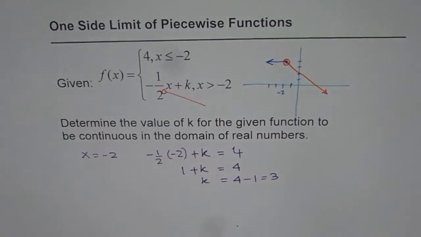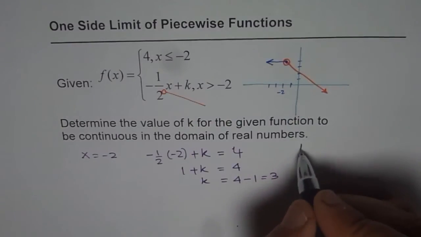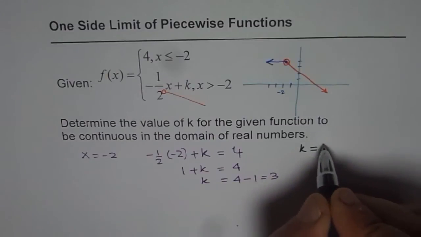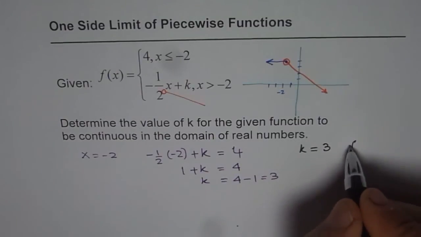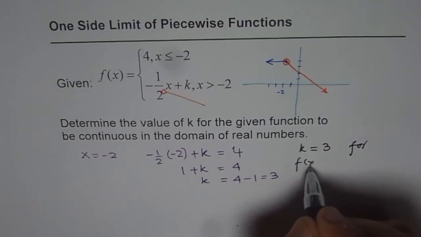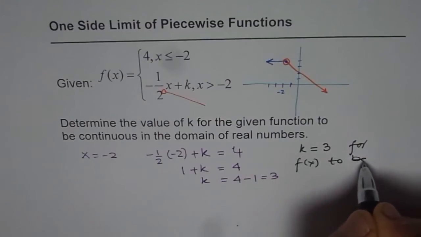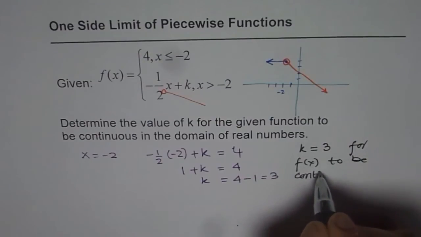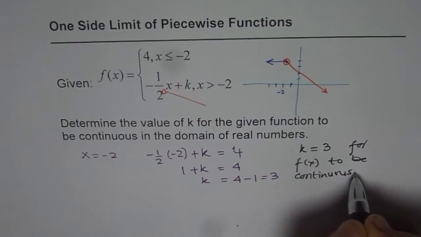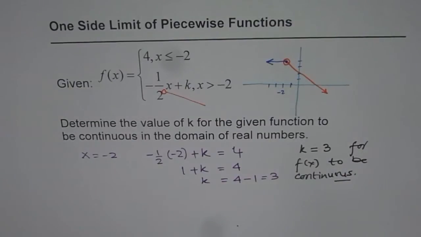And so, since these two pieces join together at the probable point of discontinuity, we'll have a continuous function, correct? So that's the whole concept. And from this, we get that k should be equal to 3 for f of x to be continuous. So that is the answer, right?